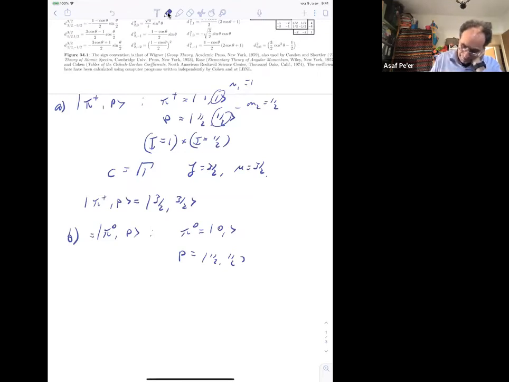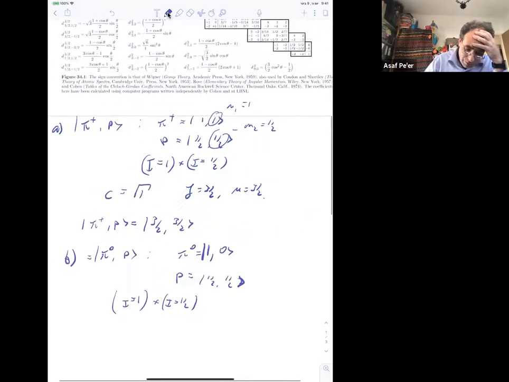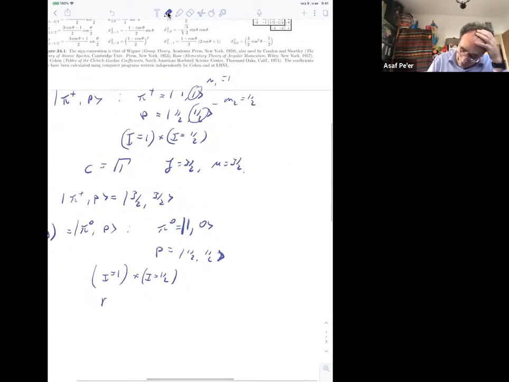So again, we have I equal 1 multiplied by I equal 1/2. Now we have a combination of M1 equals 0 and M2 equal 1/2.